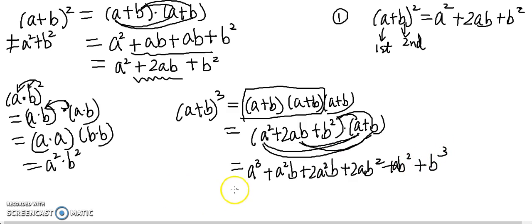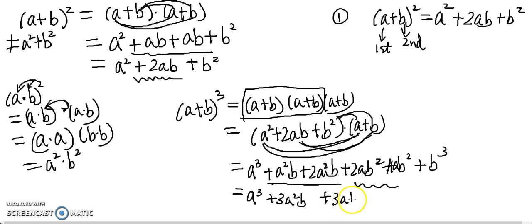Now we combine like terms, we get a cubed, combine these two, we get 3a squared b, and combine these two, we get plus 3ab squared plus b cubed. If you look at the powers, the sum of the powers of the letters is always equal to 3.